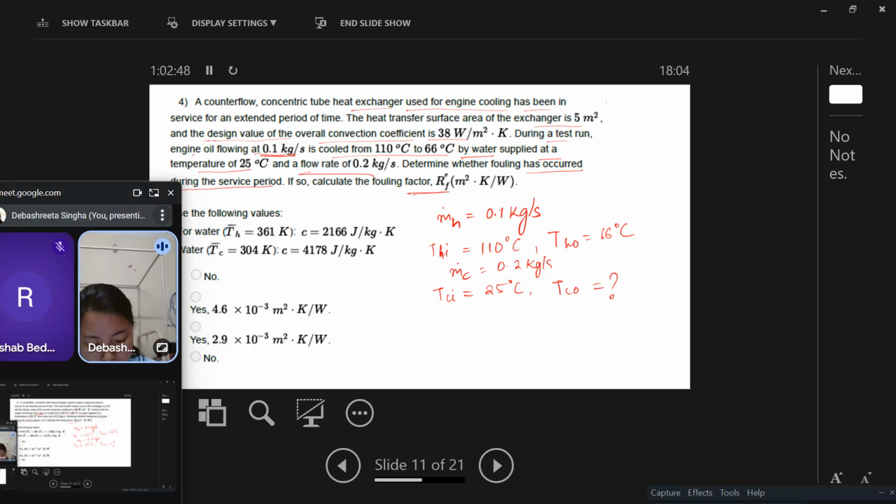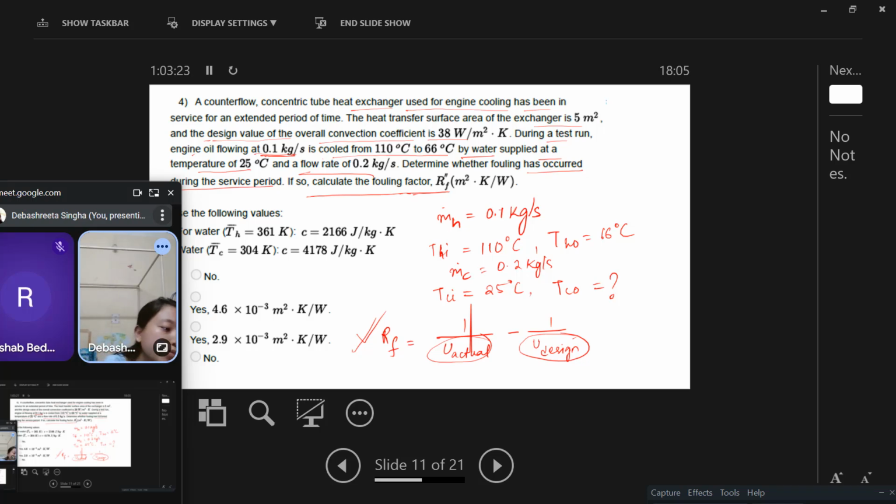So this fouling factor is calculated by RF equal to 1 by U actual minus 1 by U design. This is the actual heat transfer coefficient, and this is the design heat transfer coefficient. So they have asked exactly to find out this RF. Note this formula also.